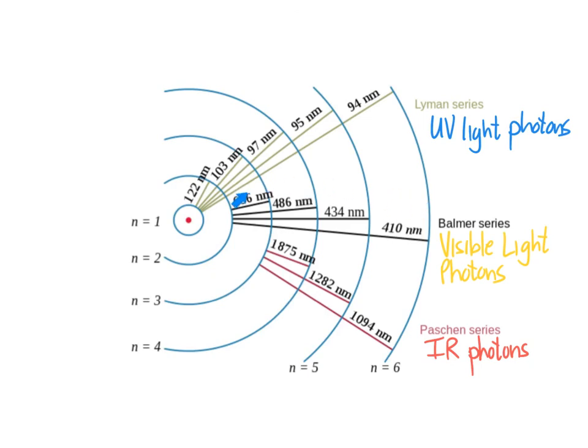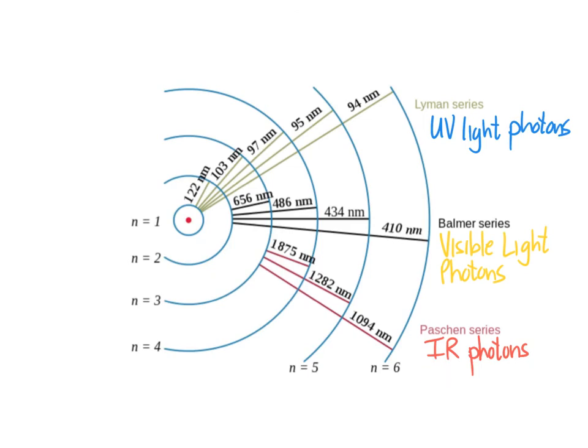These transitions, referred to as the Balmer series, will produce photons that will fall into the visible light part of the spectrum. And then the transitions that end up in energy level 3 form part of what they call the Paschen series, and they are lower energy transitions, and therefore they produce lower energy photons, and these photons will be found in the infrared part of the electromagnetic spectrum.